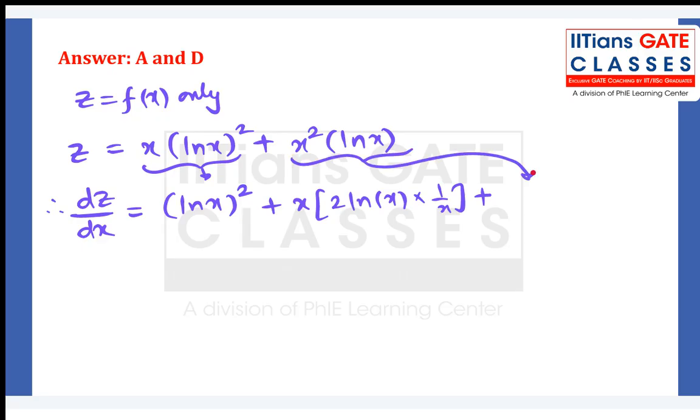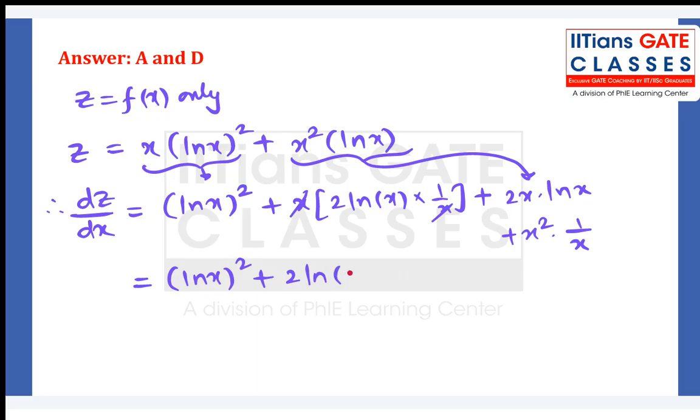Here also 2x into ln x will be the first term, plus x square into the differentiation of ln of x, which is 1 by x. Ln of x square is as it is. This x gets cancelled, so you have 2 ln of x, or I just write x, plus 2x ln x, and in the last term x gets cancelled, so we only have x here.